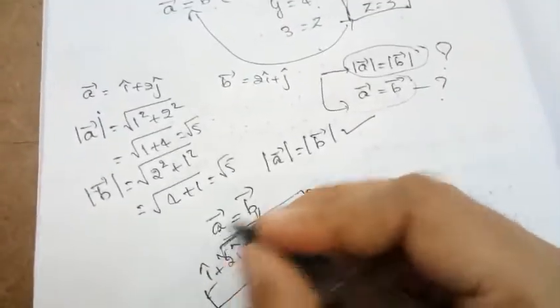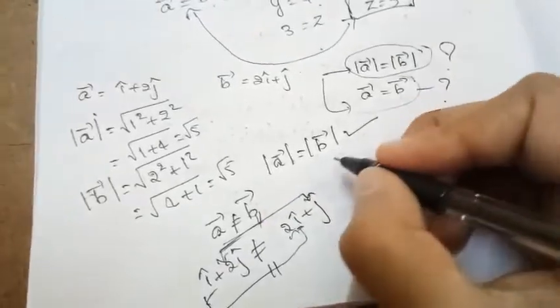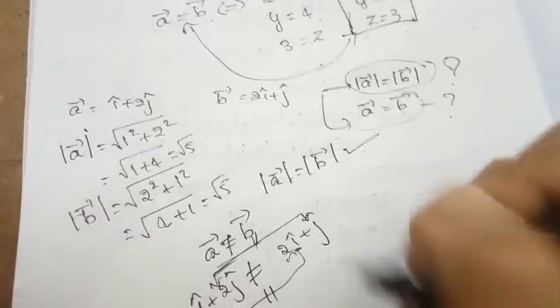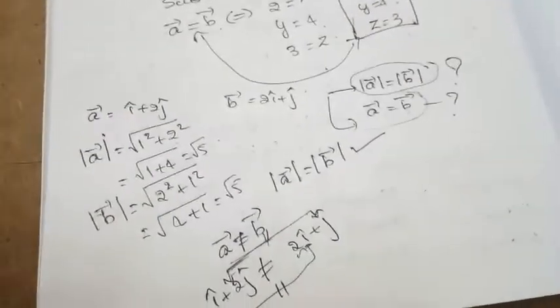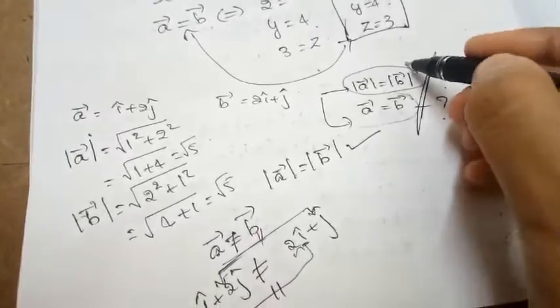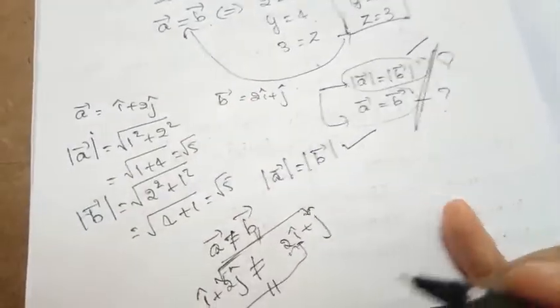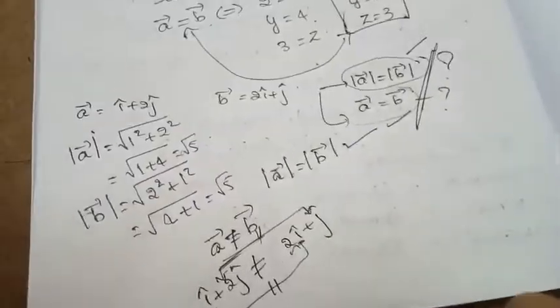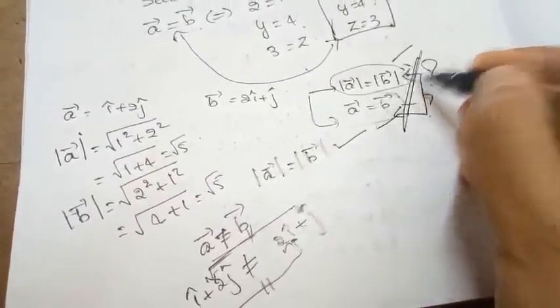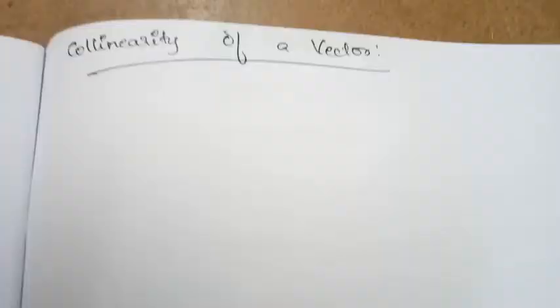So vector A is not equal to vector B, but the magnitude of vector A is equal to the magnitude of vector B. So understand what the magnitudes of vectors A and B are saying and what vectors A and B themselves are saying. Please understand the difference between these two.